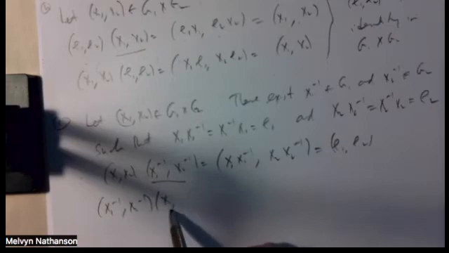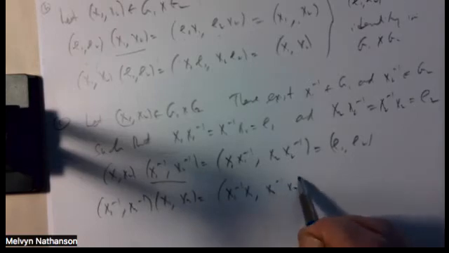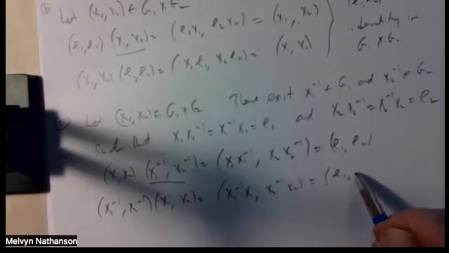So this is a right inverse to (x1, x2), and if I multiply on the left, I get (x1 inverse x1, x2 inverse x2), which is (e1, e2). So the inverse of (x1, x2) is (x1 inverse, x2 inverse).